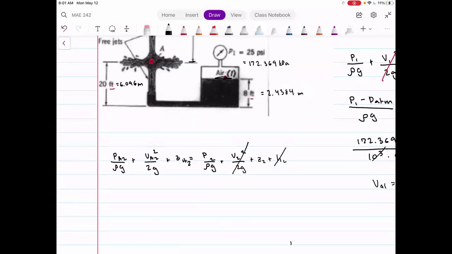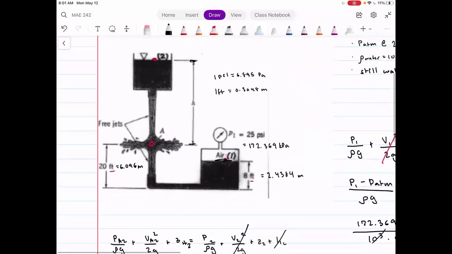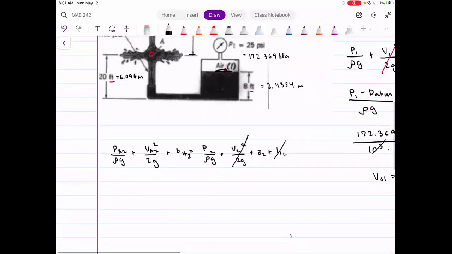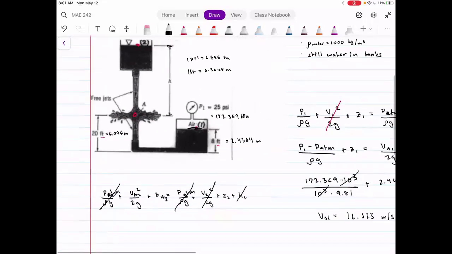Again, we can cancel out the velocity at the top of the tank since we know it's still water. And then we also know that both the pressures, the pressure here as well as at the top of the tank, since it's exposed to the atmosphere, are both going to be atmospheric pressure. So this is going to be PATM and again PATM. Since we have two of the same terms here, they're going to cancel out, which simplifies our equation greatly.